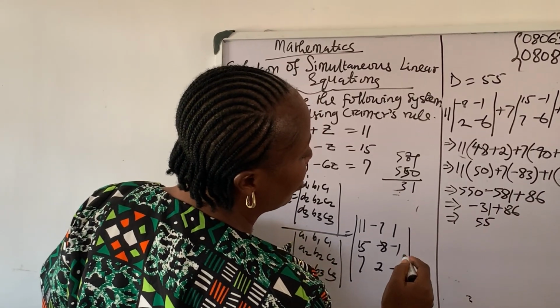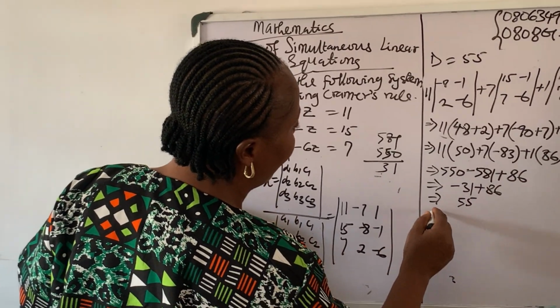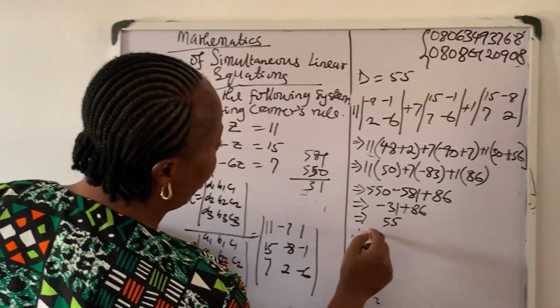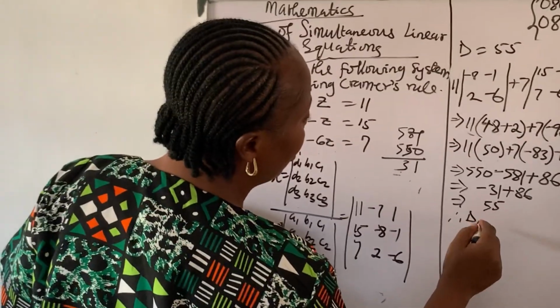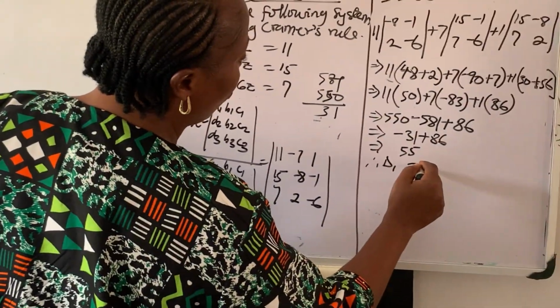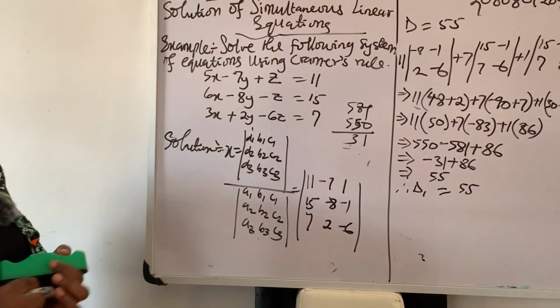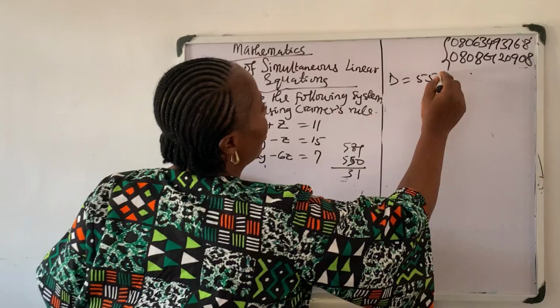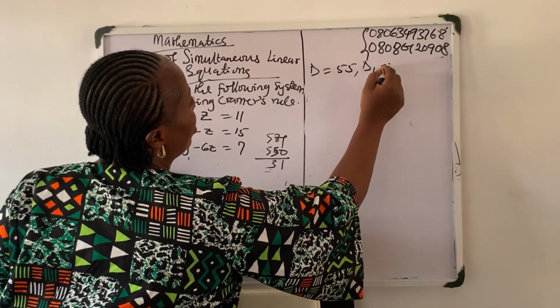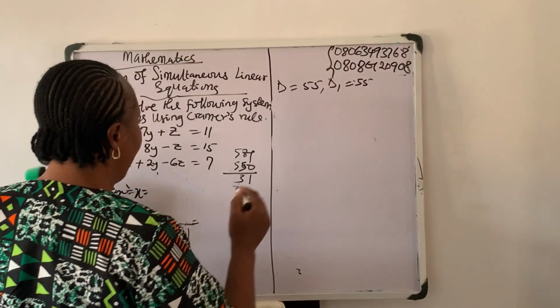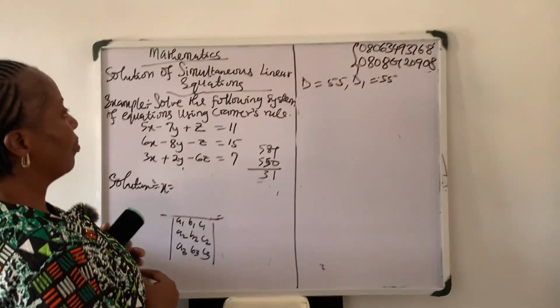Minus 31 plus 86 is 55. Therefore, our D1, which is X, equal to what? 55. Our D1, which is X, is equal to 55 from our solving.